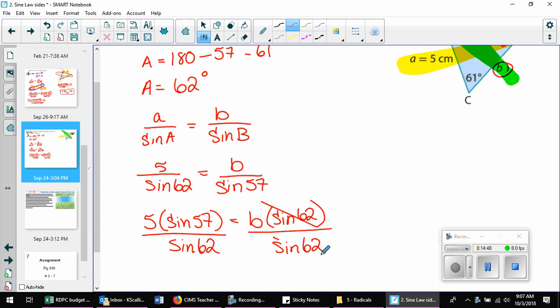So those are gone, leaving me with just B. I'm going to do this all in one move in my calculator. 5 times sine of 57. I'm going to hit enter. And I get 4.19. I'm going to divide that by sine of 62. And that's going to give me 4.75 centimeters.